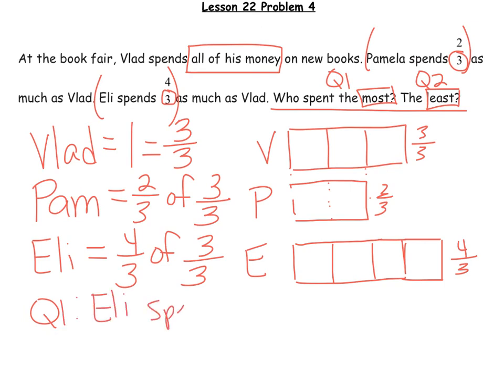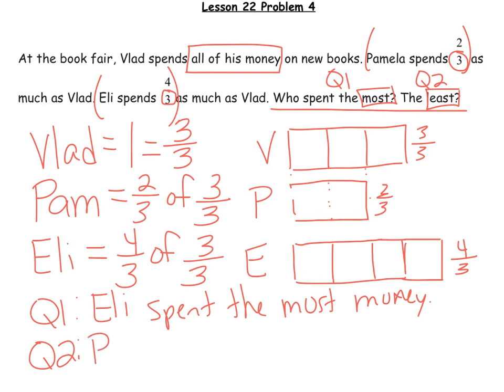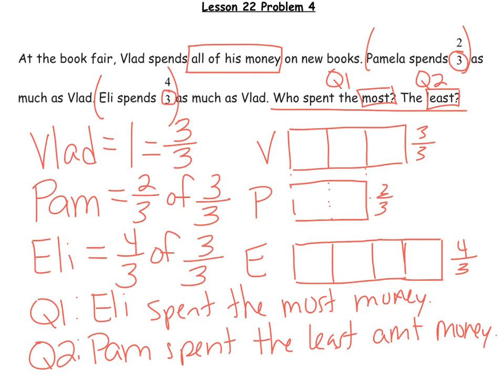Eli spent the most money. And then question 2, who spent the least? Well, based on my tape diagrams, Pam spent the least amount, abbreviating, of money. Make sure you showed all your work and wrote your answer statements.